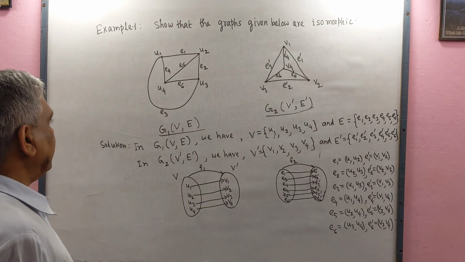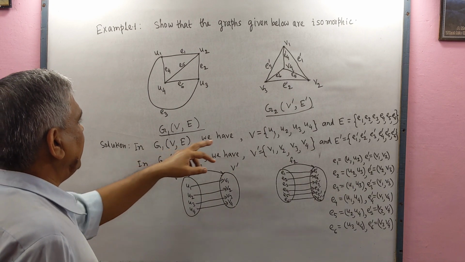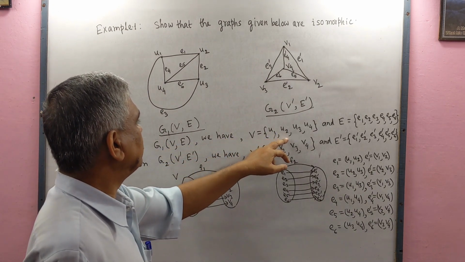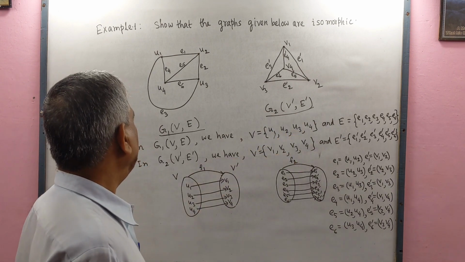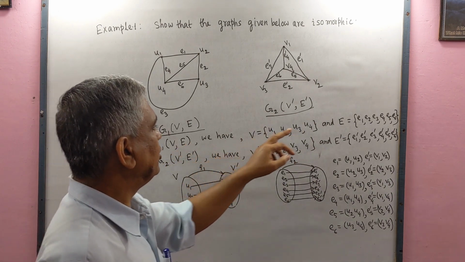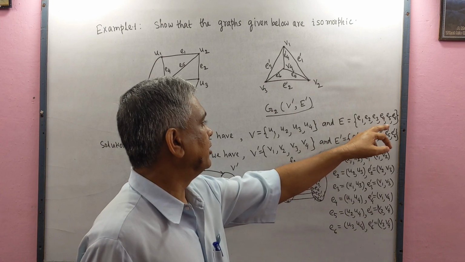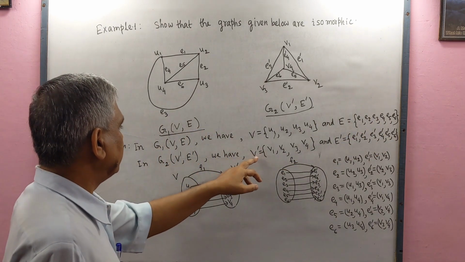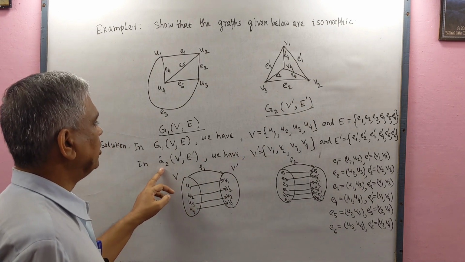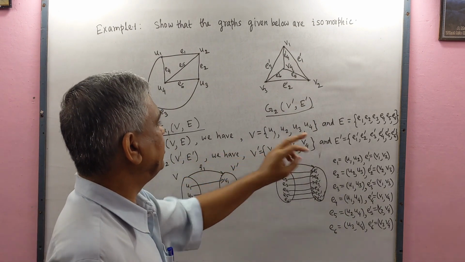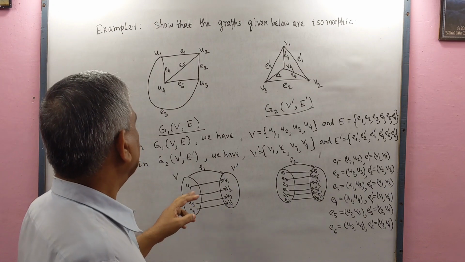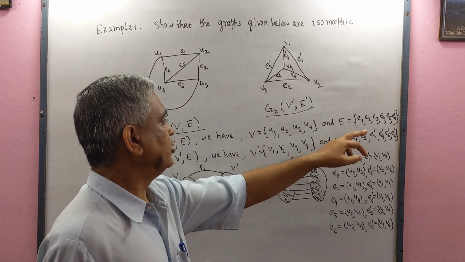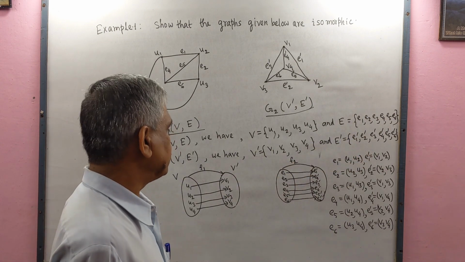Here we see that the vertex set of G1 is U1, U2, U3, U4, and the edge set of G1 is E1, E2, E3, E4, E5, E6. The vertex set V' of G2 is V1, V2, V3, V4, and the edge set E' equals E1', E2', E3', E4', E5', E6'.